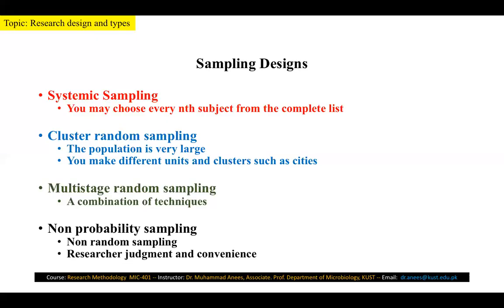For example, if it is convenient to sample from your own city, you may select your city for sampling instead of going to some other area which is far away. So either you select sampling units in a population based on your convenience or based on judgment.